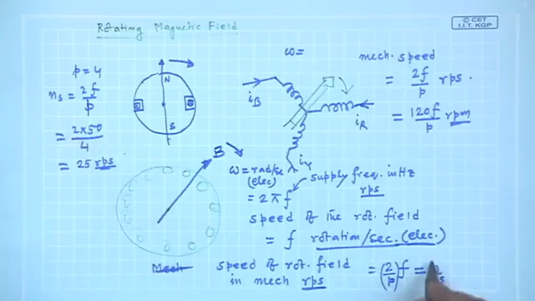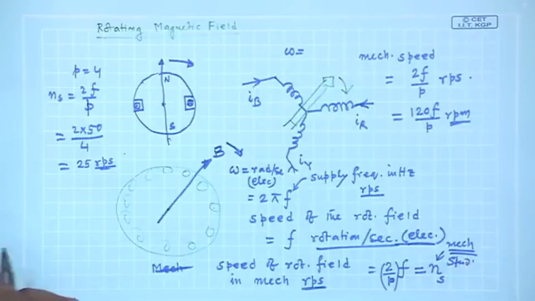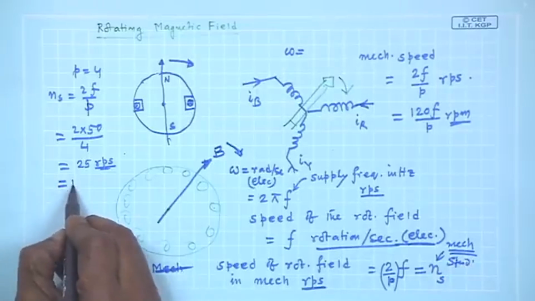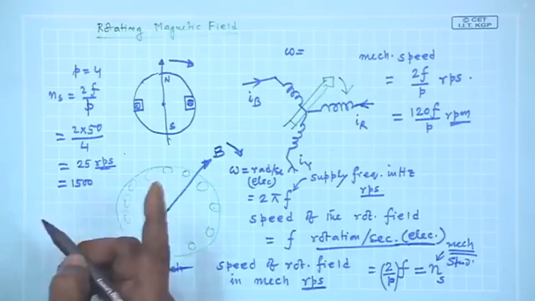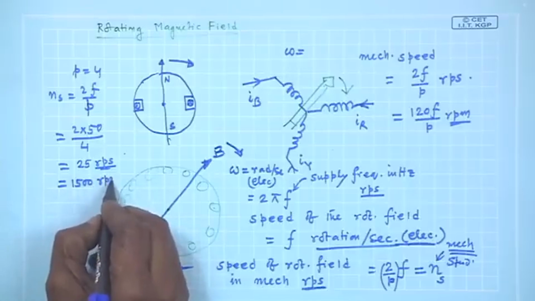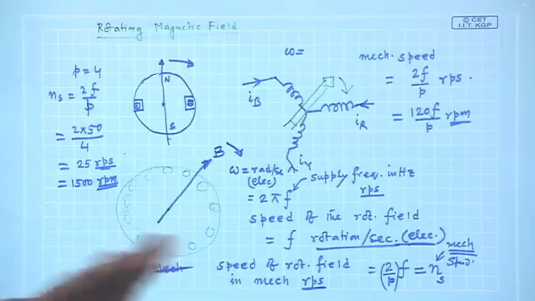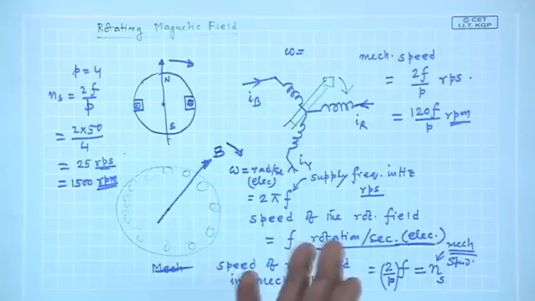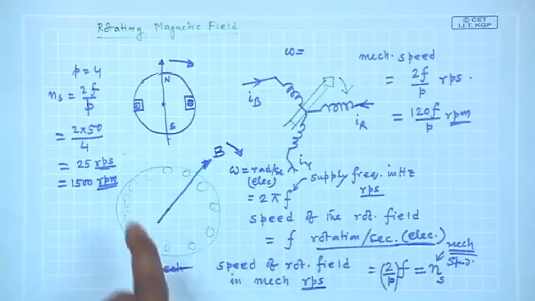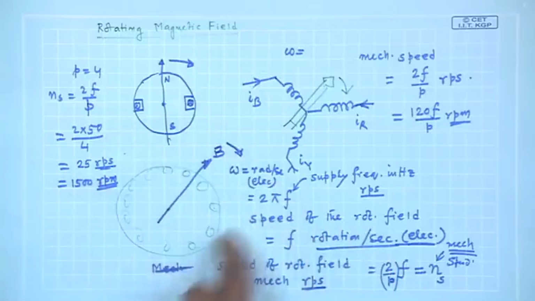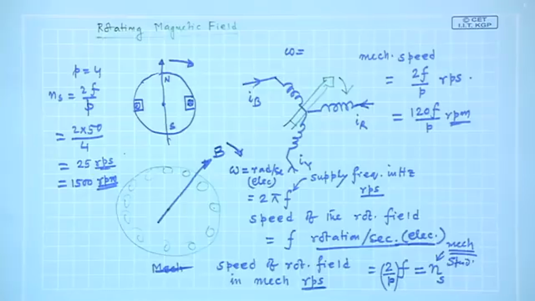So, ns I will reserve for mechanical speed henceforth, and 25 RPS is nothing but, multiplying with 60, 1500 RPM. Because that speed we understand, it is making 1500 rotations per minute, that is the meaning of that.